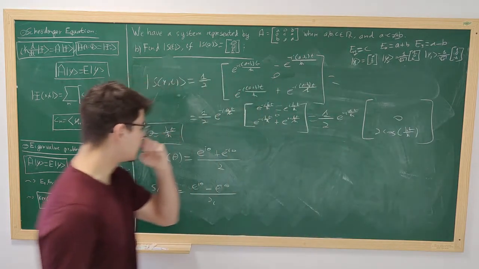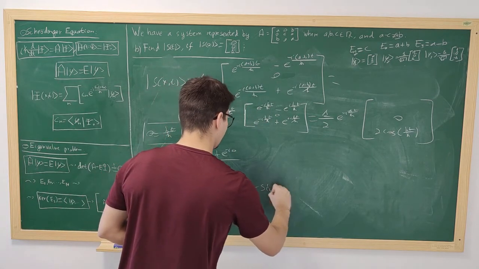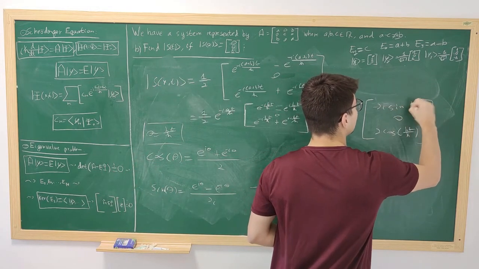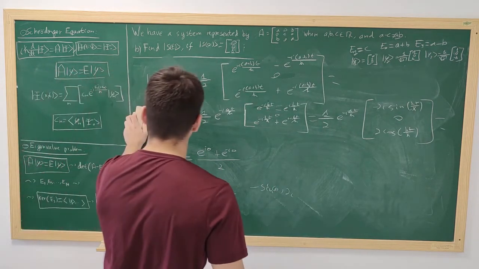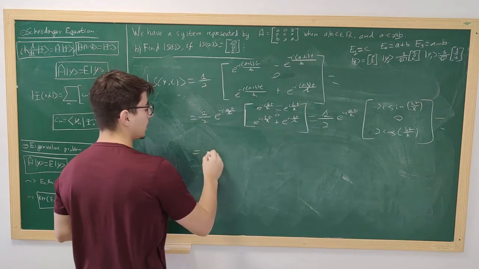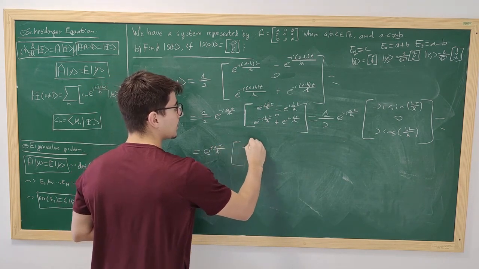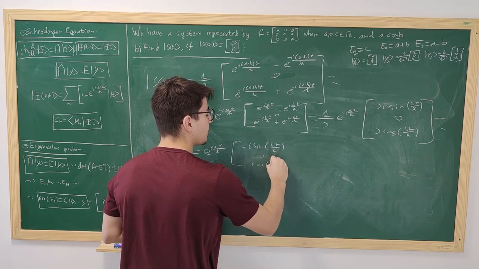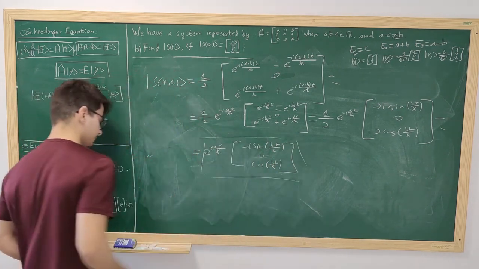This will be 0, and in this case we need to switch around, so we'll have minus the sine of theta times 2i. So we have minus 2i times the sine of b t over h bar. Our final solution would be, well, we can take out the 2, and we have e to the minus i a t over h bar times cosine b t over h bar, minus i sine b t over h bar, 0, and the cosine of b t over h bar. This would be our final solution.